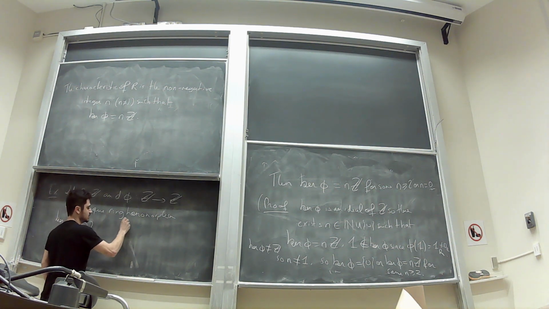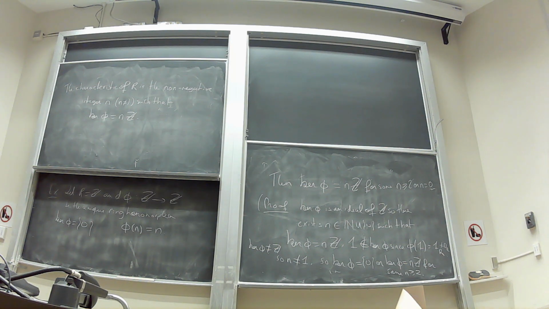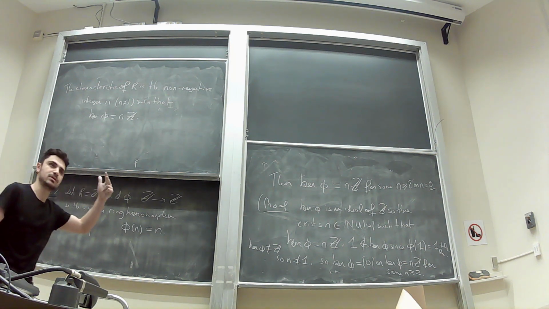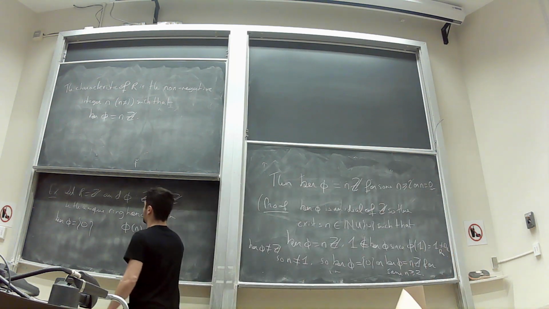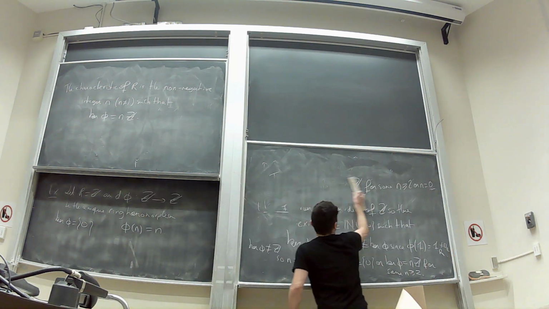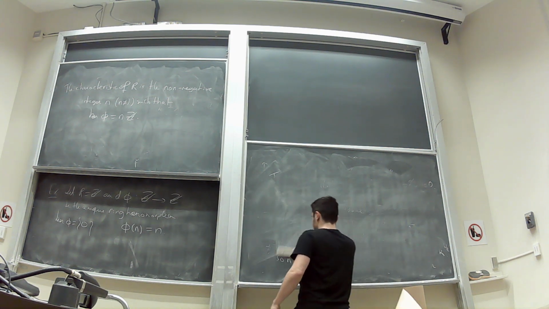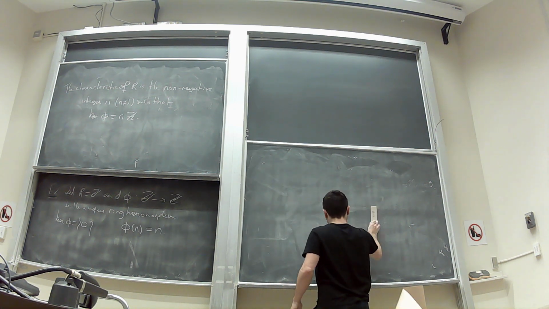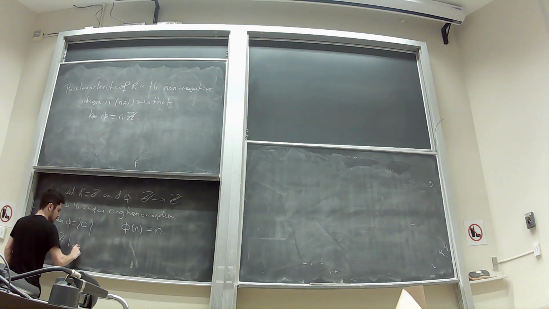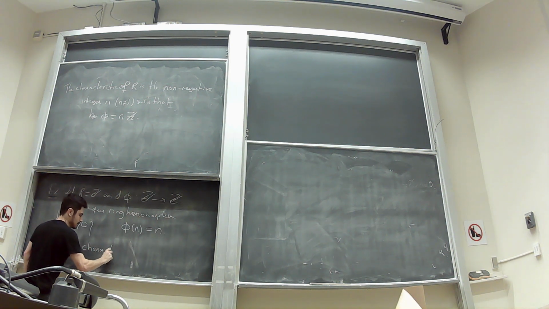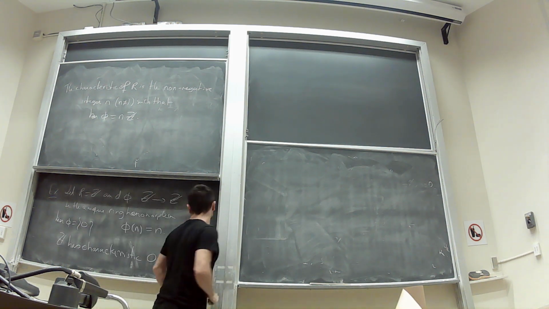Because phi is really the identity here. Phi of 1 is 1, phi of 2 is 2, phi of 3 is 3, phi of 4 is 4, phi of minus 1 is minus 1. So we say that Z has characteristic 0. Same thing for Q.